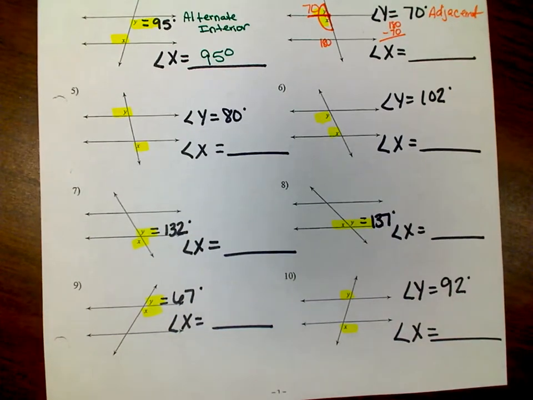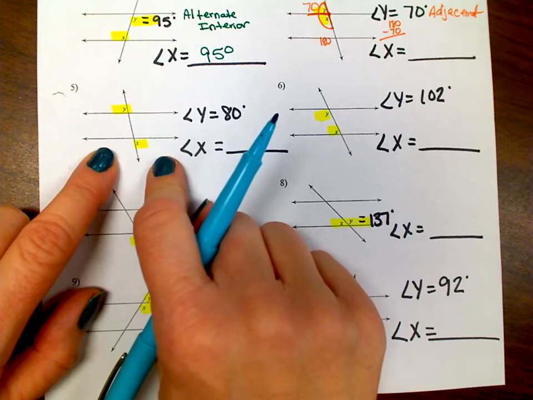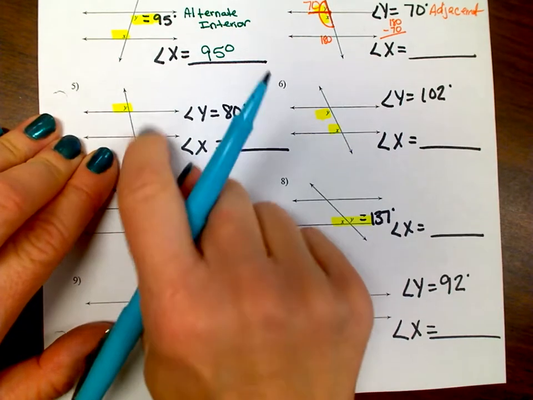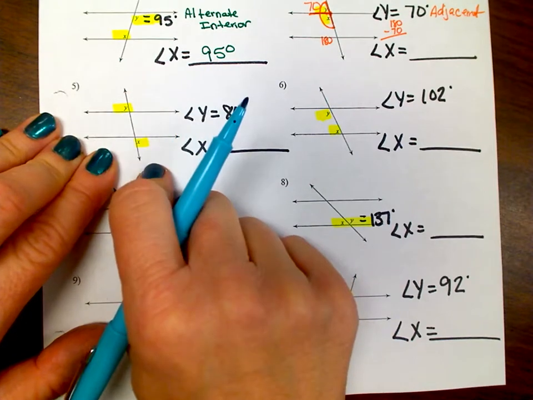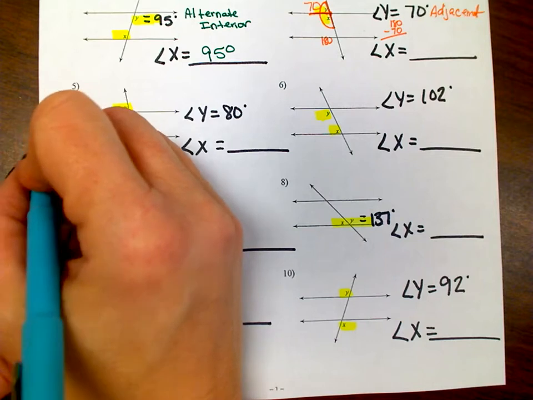Number 5. If I look at my highlights, they are on the outside of the parallel lines. So it's going to be an exterior, and they're opposite, so alternate exterior.